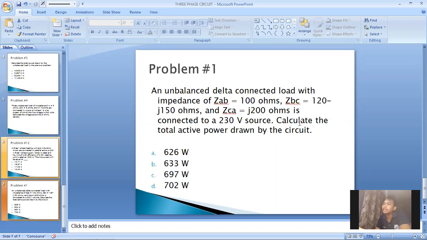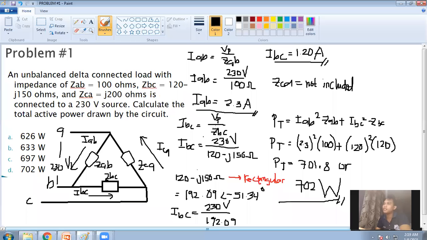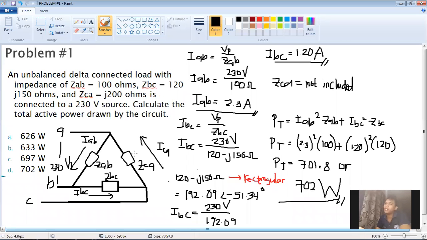Calculate the total active power drawn by the circuit. Take note that ZAB is 100 ohms, ZBC is 120 minus j150 ohms, and ZCA is j200 ohms. And we have here the choices.